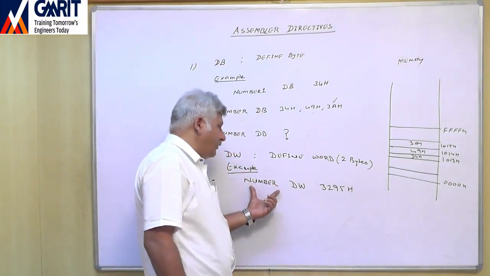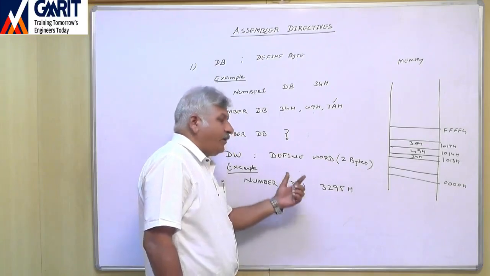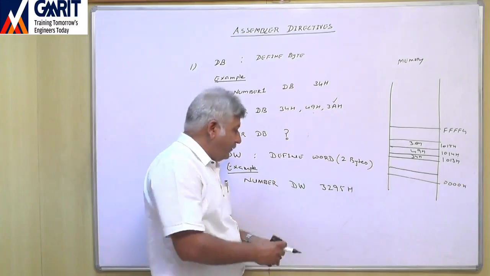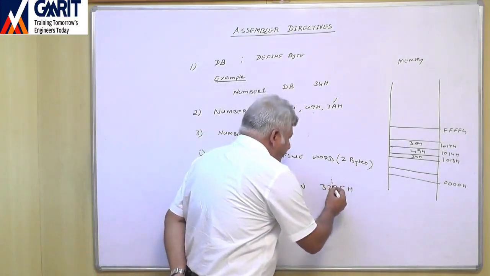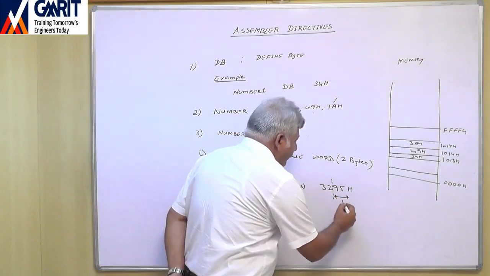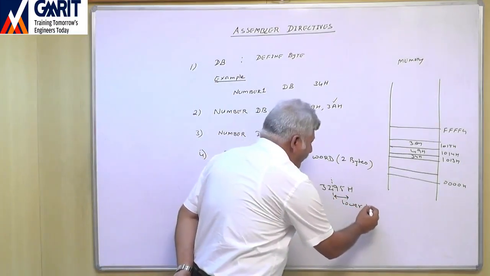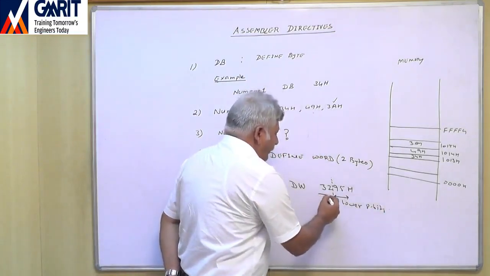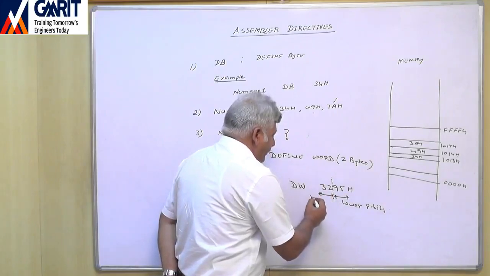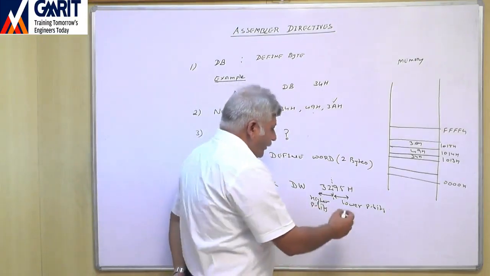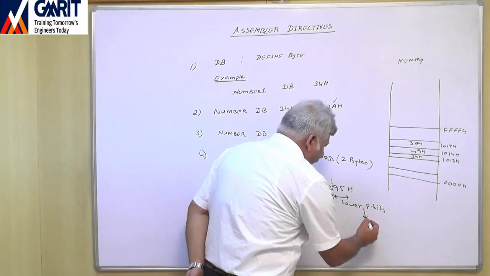So here if we are using this directive, then 2 memory locations will be reserved, and this is your lower 8 bits, right? And this is our higher 8 bits.